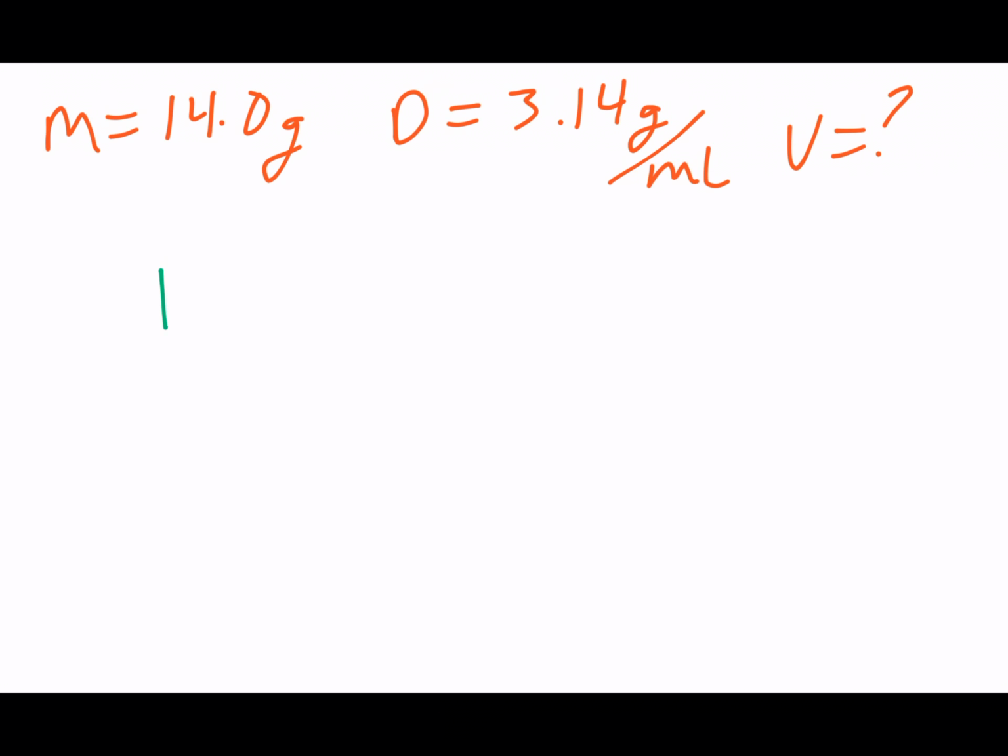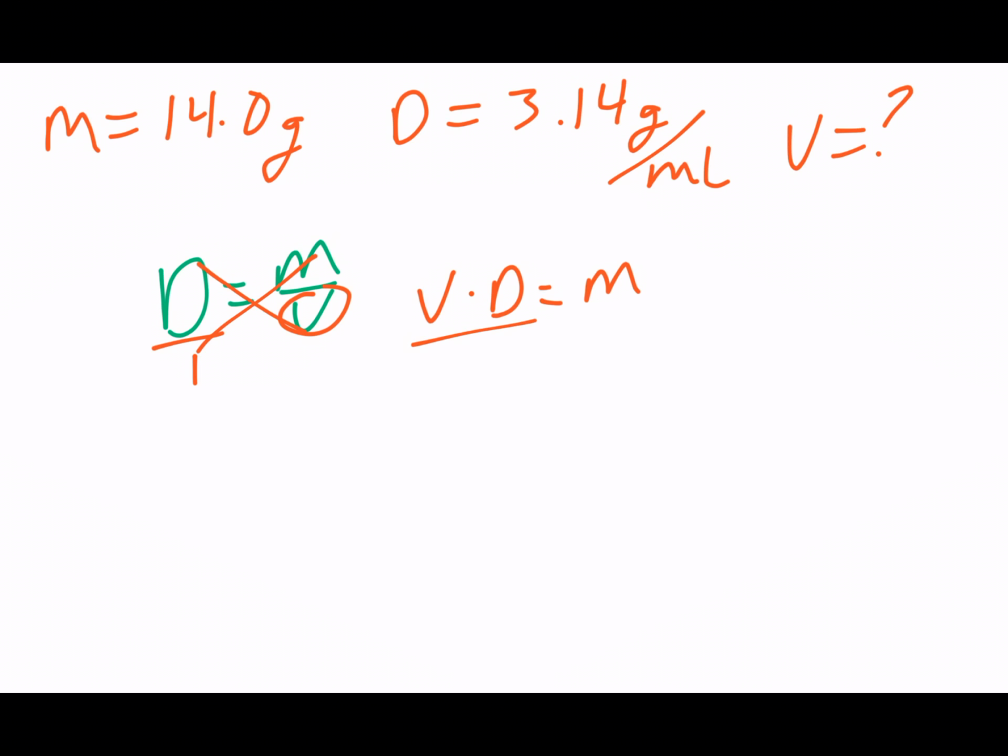So again, we remember D equals M over V. I'm looking for the V, so I'm going to have to do some algebra. Cross multiply: V times D equals M. I still need the V all by itself, so I divide by D. So V equals M over D. That's part of the problem. And now you have to plug in your numbers.